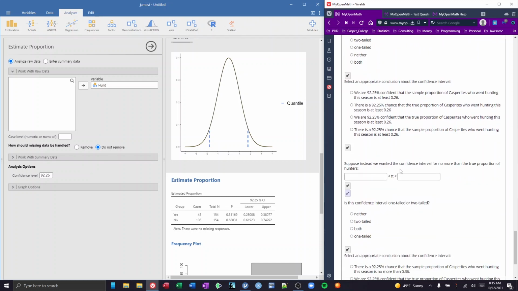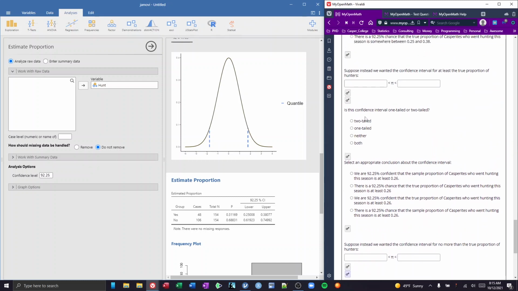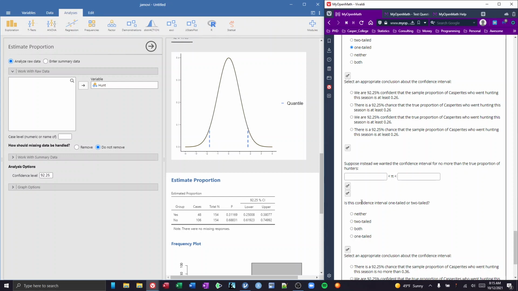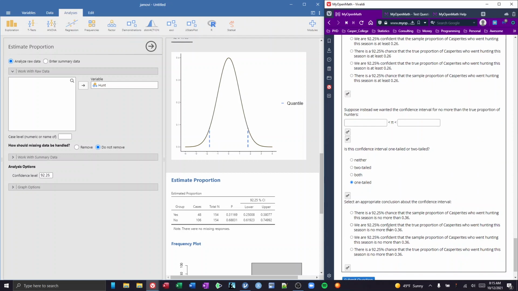Or suppose we wanted to say we want to be 92% confident that no more than so many hunters went, or the proportion of people in Casper who went hunting. Both of these are what we called one-tailed confidence intervals, but they're one-tailed in different directions.